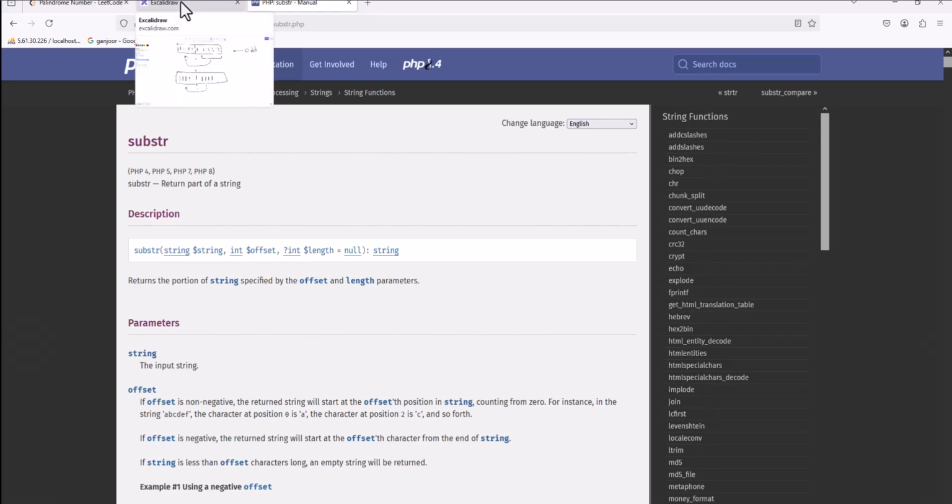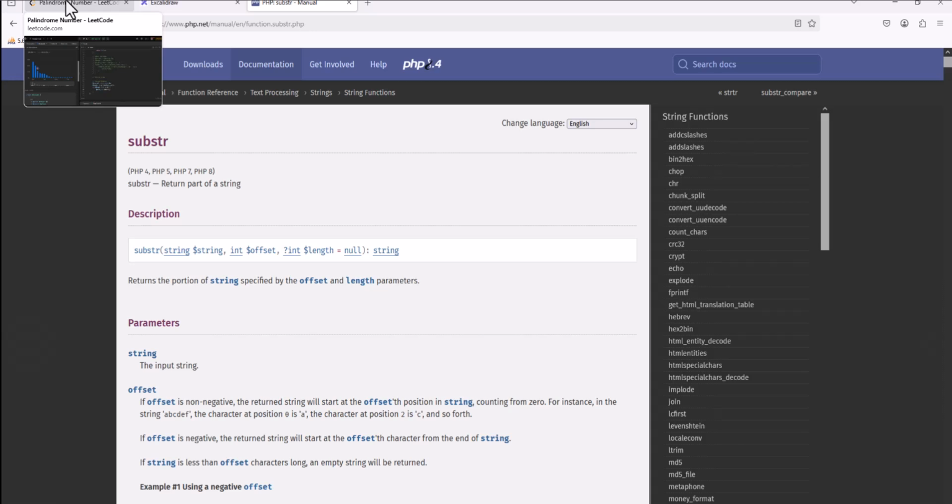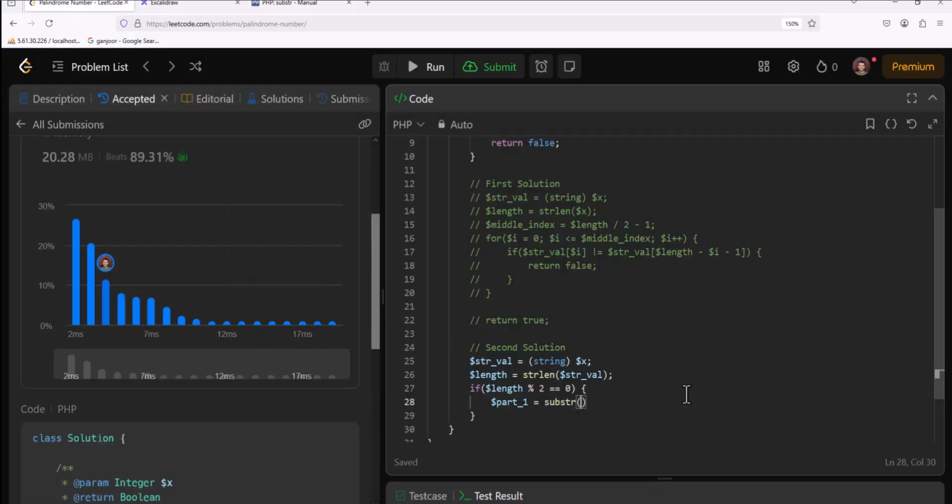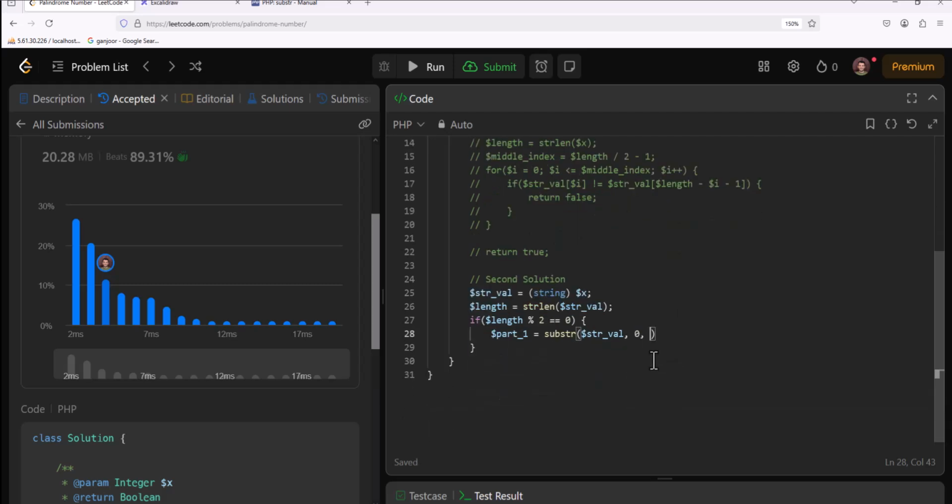So the string, which is strval, the offset, which is 0, and the length, that would be length divided by 2. For example, 8 divided by 2 would be 4, so I'm not sure if it would be after 4.